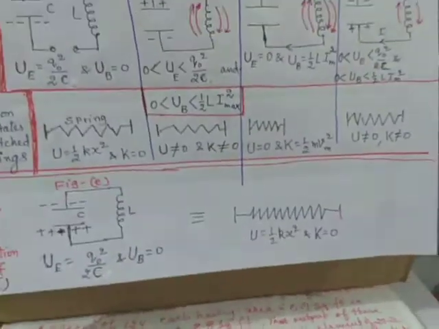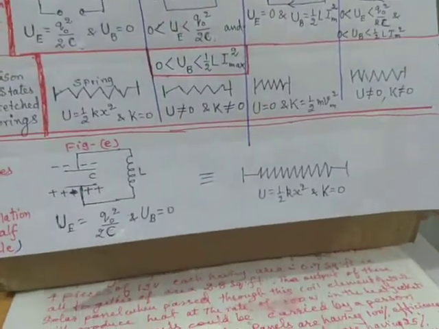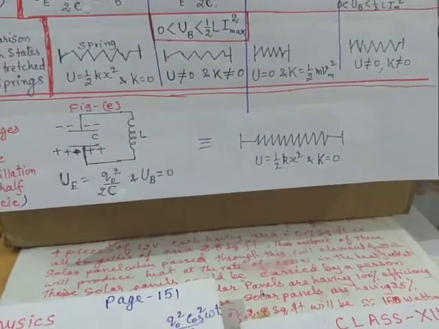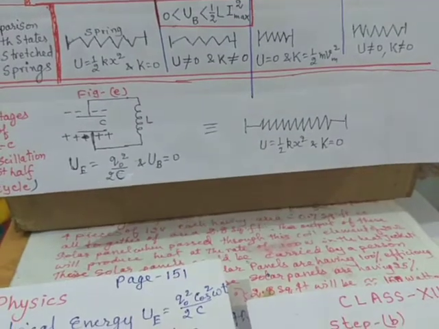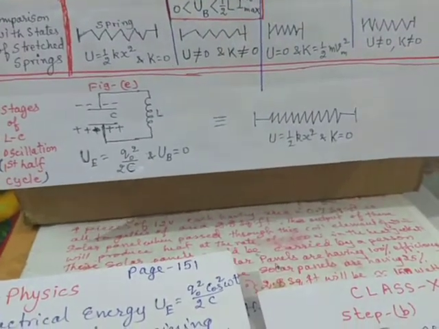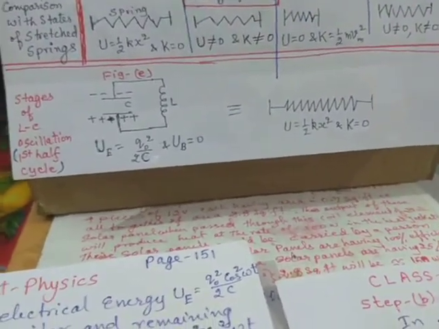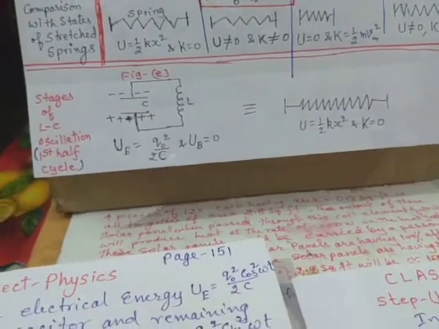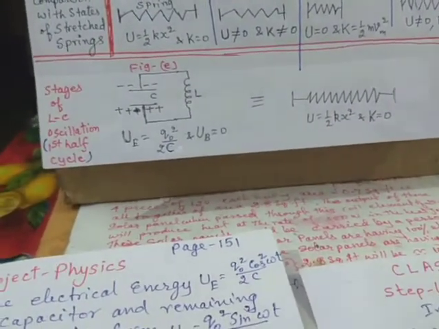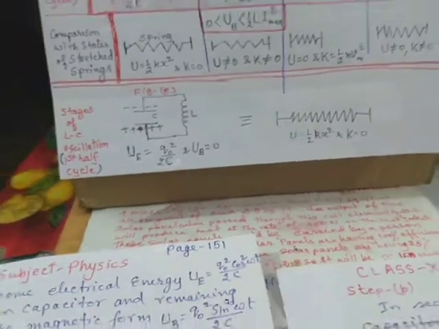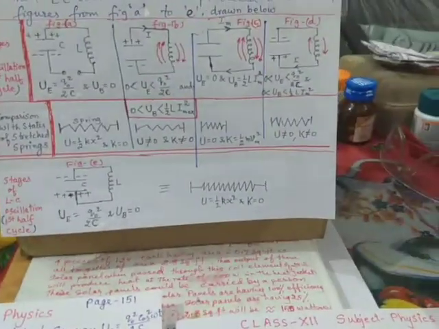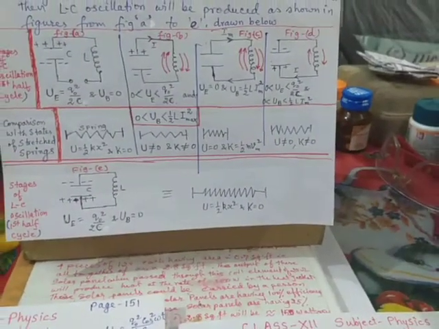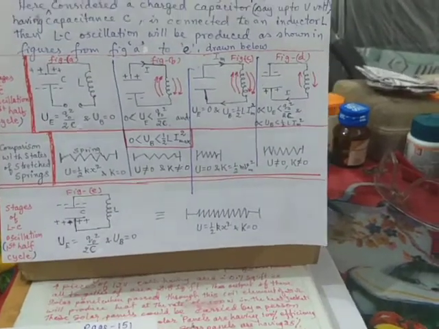And finally, a situation will come where the spring is completely compressed, and therefore potential energy is maximum and kinetic energy becomes 0.